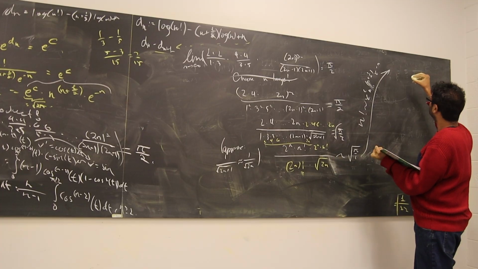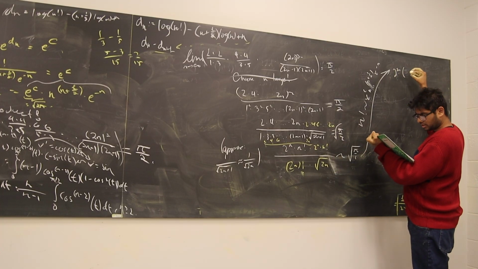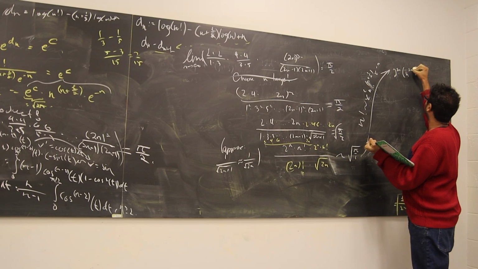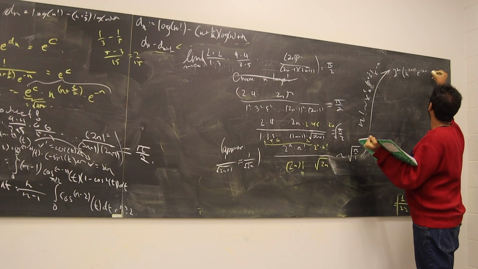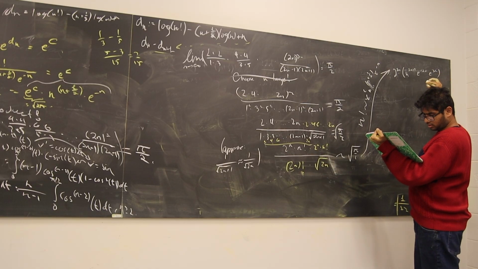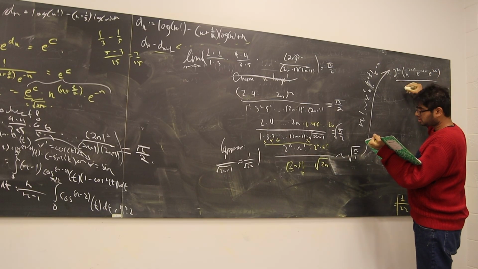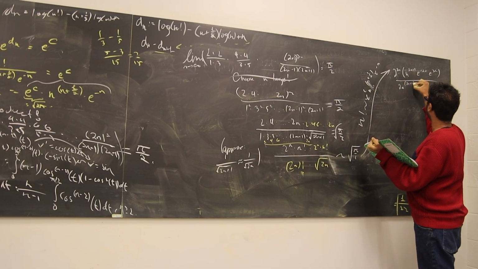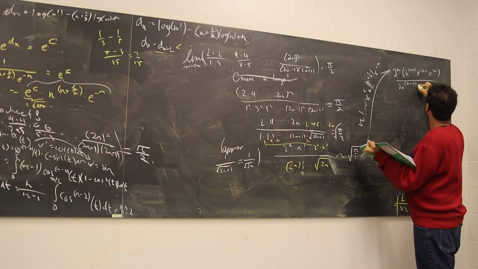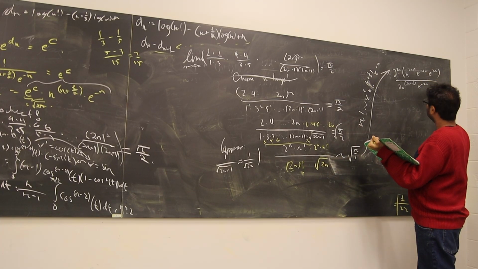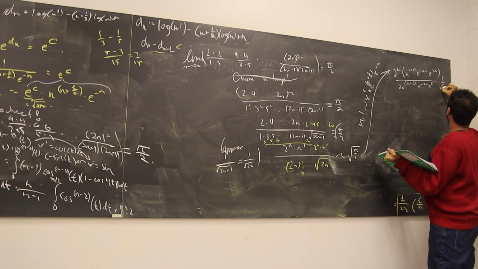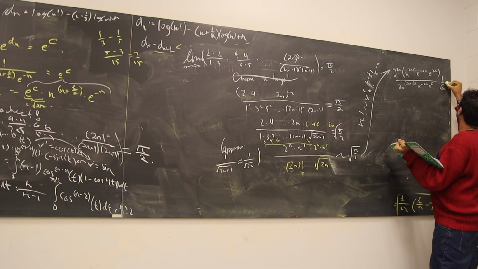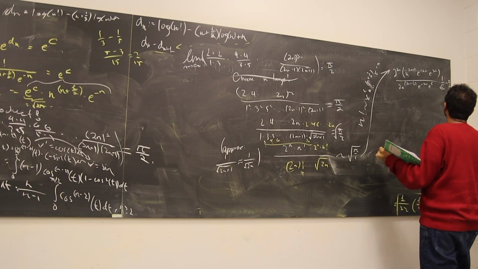Then we get 2 to the 2n, 2n plus 1, e to the negative 2n, e to the 2c, over 2n to the 2n plus 1/2, e to the minus 2n, e to the c, times 1 by the square root of 2n, which is around pi by 2.